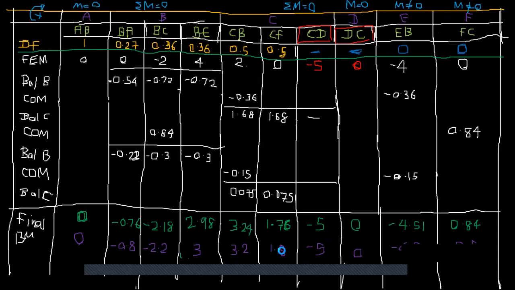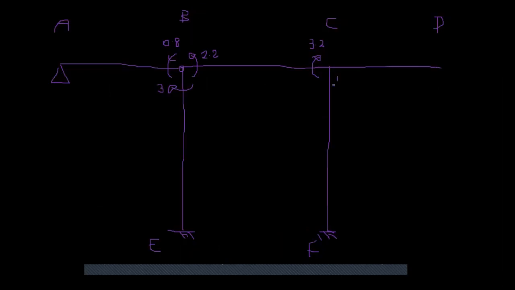CF, it's 1.8 clockwise. So this is altogether clockwise 5, so that should be anti-clockwise 5.